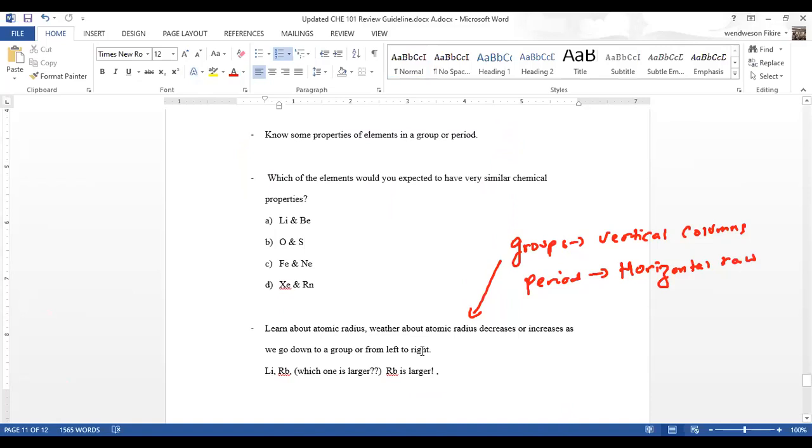Learn about the atomic radius, whether it decreases or increases as we go down a group or from left to right. If you have lithium and rubidium, for example, they are in the same group, group 1. As you go down, the size increases. I think we discussed this somewhere.